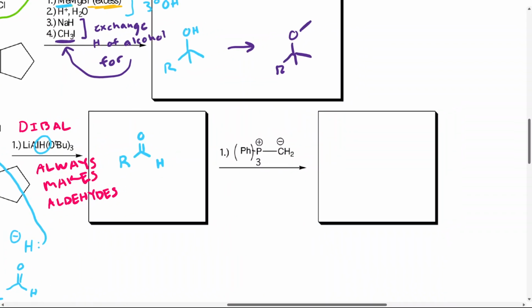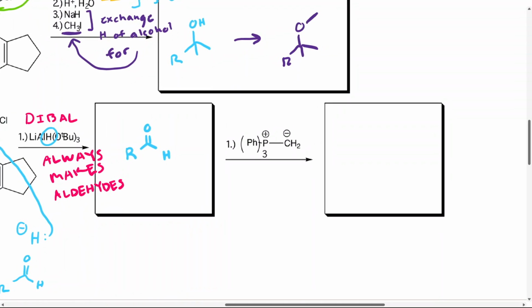The great thing about this is that it showed us that the P is positively charged and the C is negatively charged.